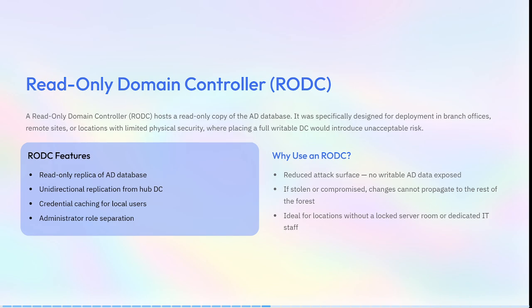Because there is limited physical security, there are risks. That is the reason we are using this read-only domain controller. So we cannot write any AD data on that domain controller.